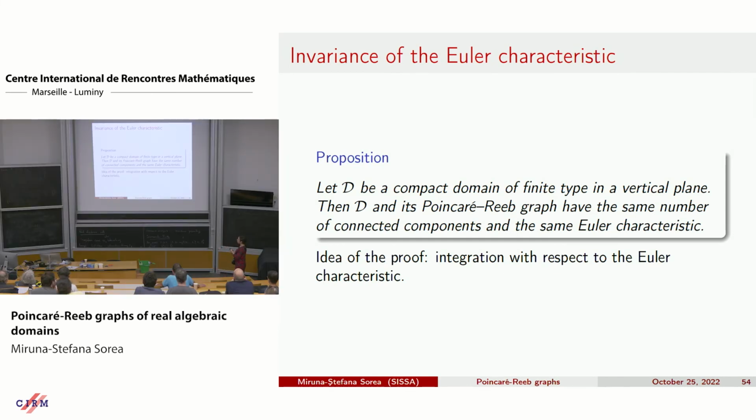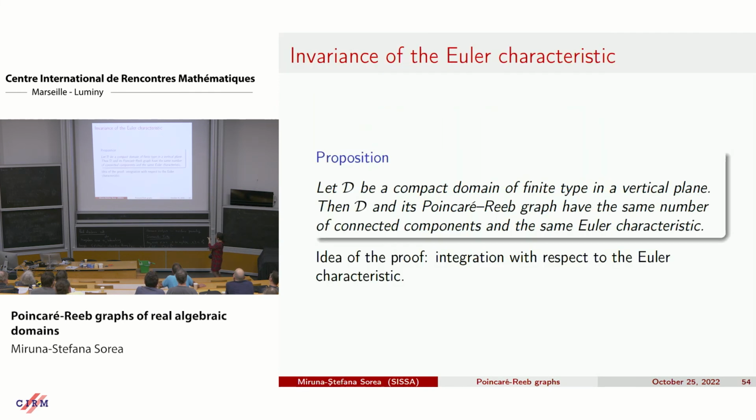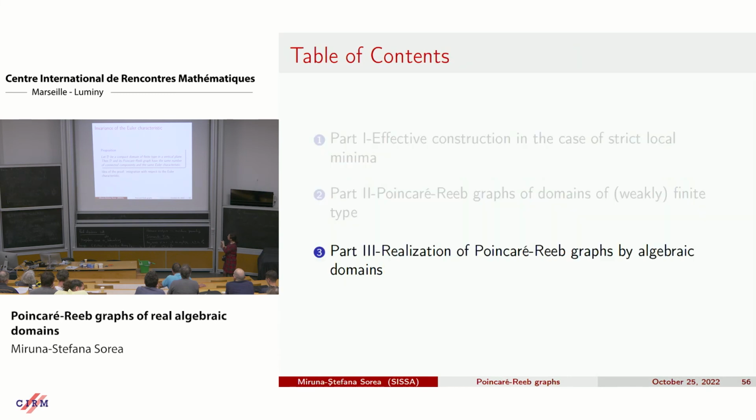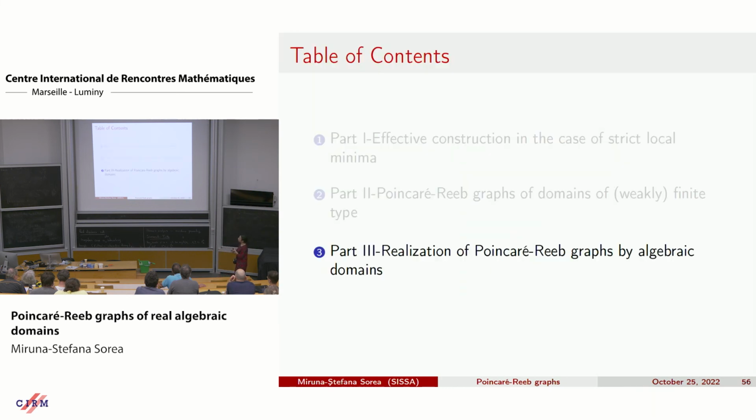So you see that by this proposition, the fact that the Euler characteristic is invariant actually recovers the result that for disks, the graphs are trees. But it's not complicated to see, maybe.